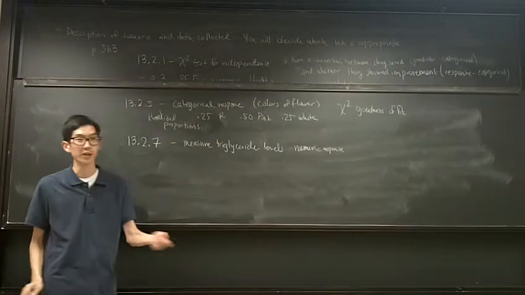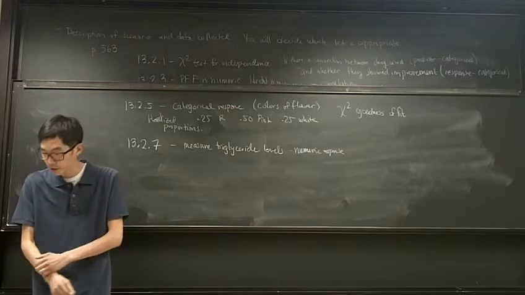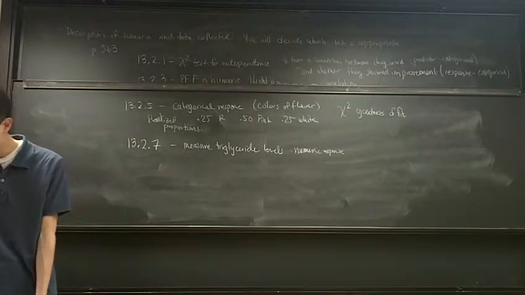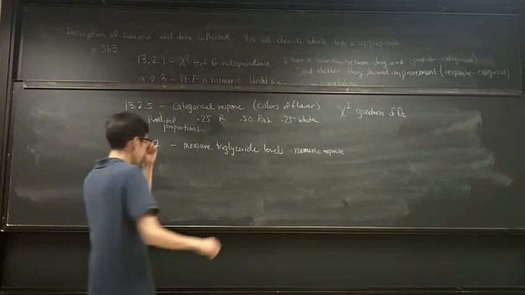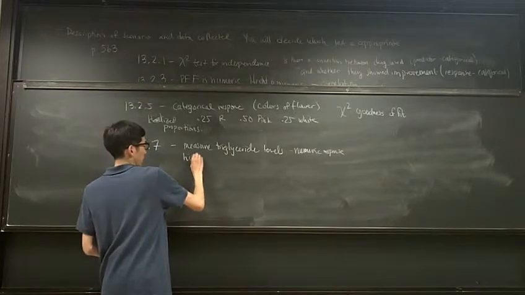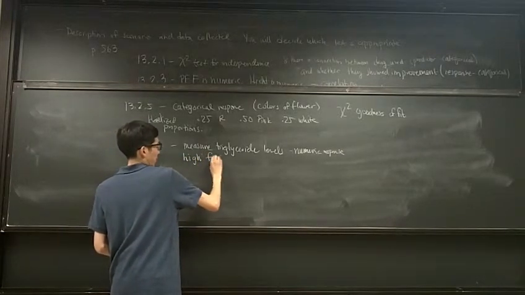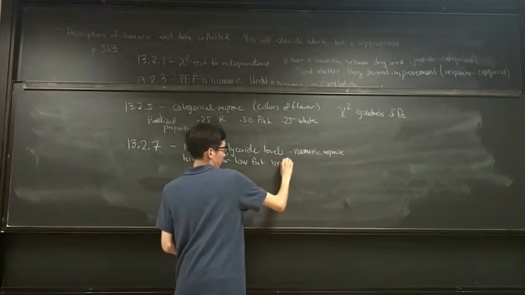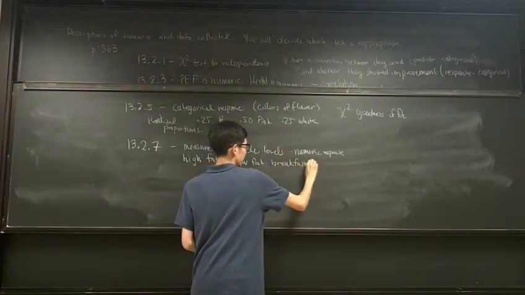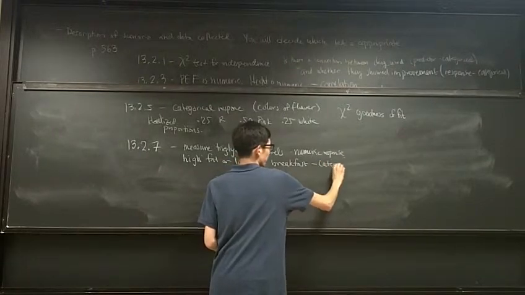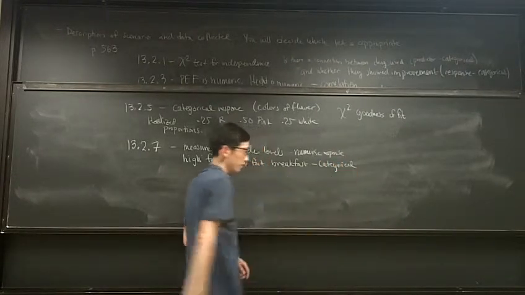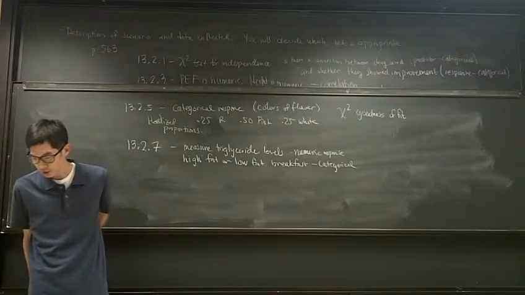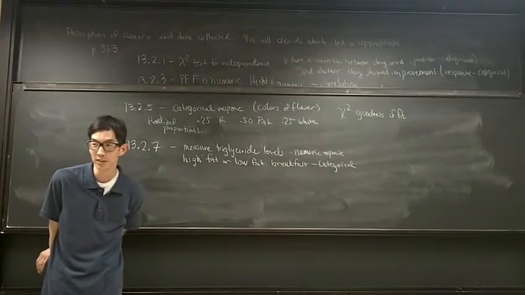And what is our predictor here? Categorical. Yeah, it's categorical. It's whether we gave them a high fat or low fat breakfast. So this is categorical. And okay, so how should we analyze this data?